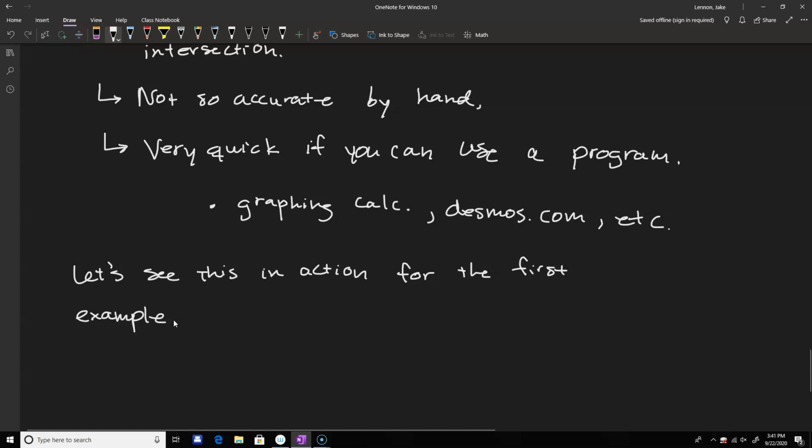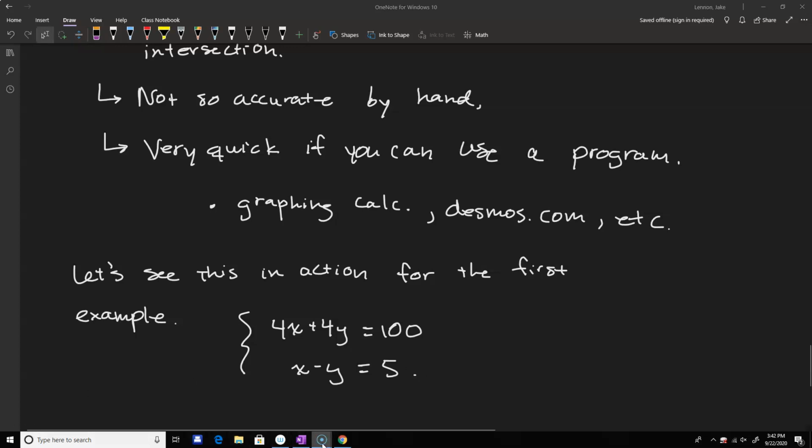Let's recall what that was: 4x plus 4y equals 100, and x minus y equals 5. The solution we got here was 15, 10.